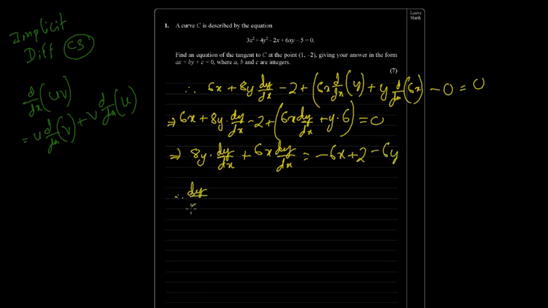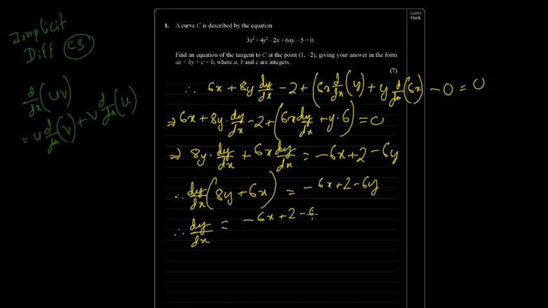Therefore if I take dy by dx as common, it would be 8y plus 6x, and this would be minus 6x plus 2 minus 6y. Therefore dy by dx is going to be minus 6x plus 2 minus 6y divided by 8y plus 6x.